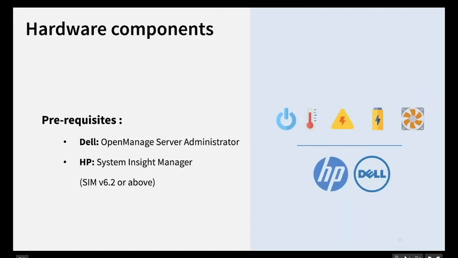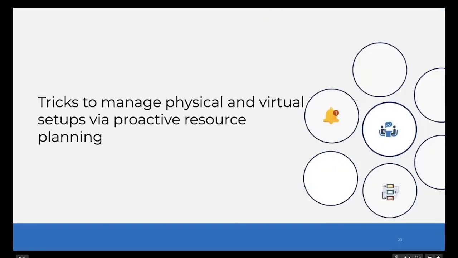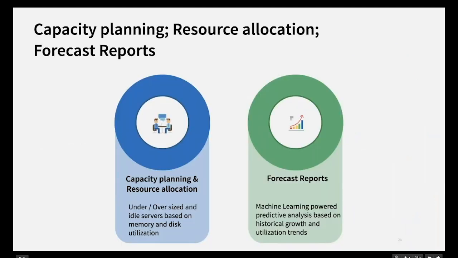Back to the presentation, and let us take a quick look at the final topic in today's agenda, that is resource planning. Now, what exactly is resource planning and where does resource planning begin? Resource planning begins by identifying the resource usage and the utilization trends of your existing resources.